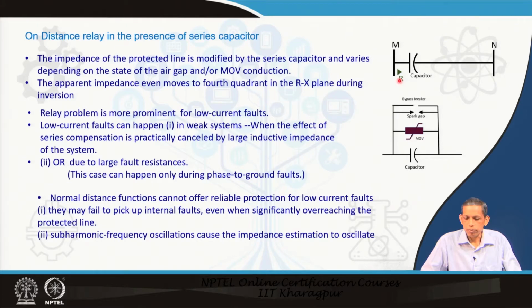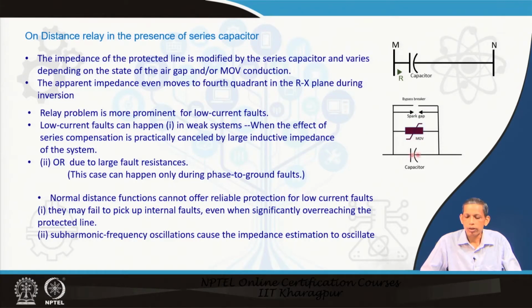Come to a simple system as we have discussed earlier also. MN is a transmission line section and we have a capacitor at M end and we have a relay at R, a distance relay which takes the corresponding voltage and current at the bus for the line MN. Now, we know that the capacitor has its own protection, metal oxide varistor.